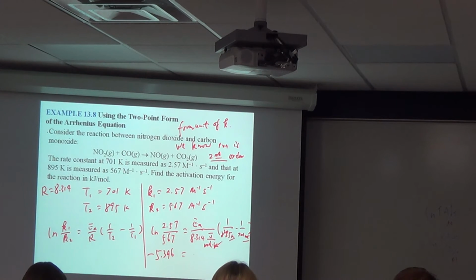On the right side, we have EA on top. It would be a little easier if you just multiply by R, but let's keep it one more step. So this becomes 8.314 joule per mole. Now you have 1 over 895 minus 1 over 701.